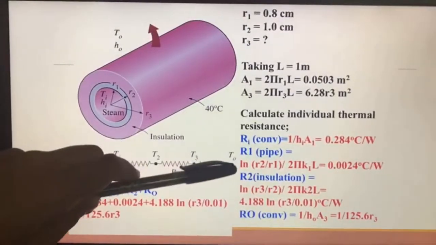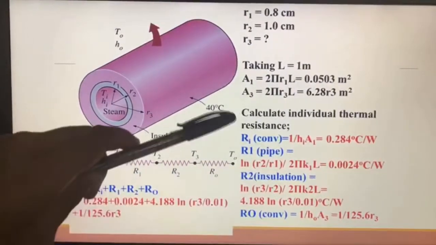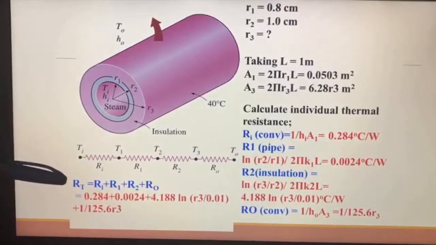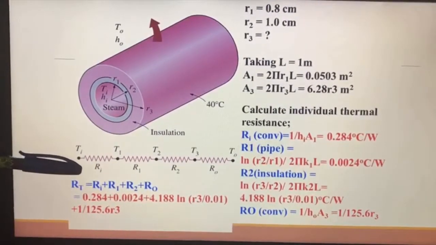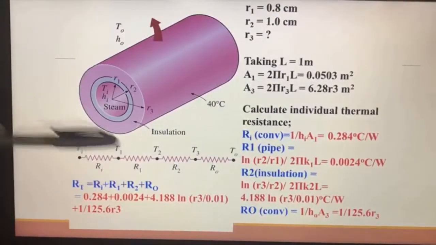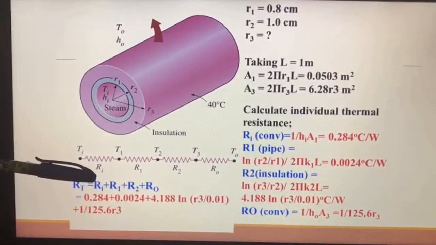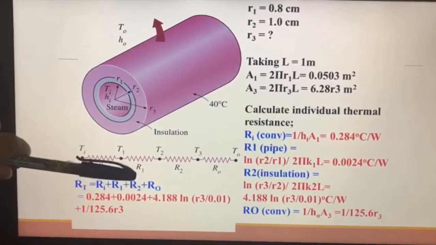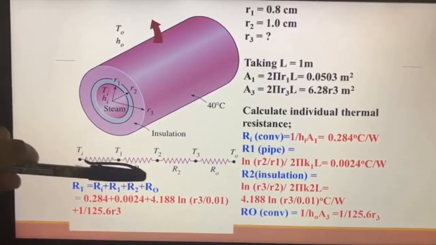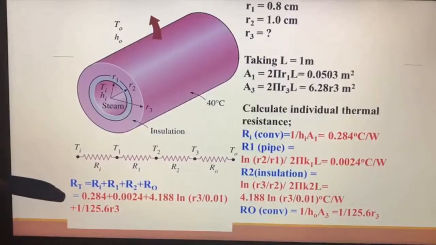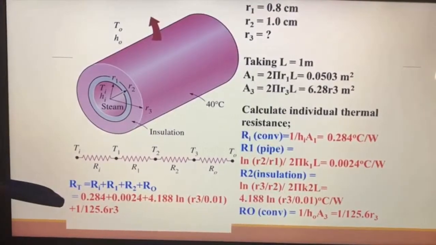So by substituting the value, we get the answer. R total is Ri plus R1 plus R2 plus Ro, where Ri is for flat, R1 is for pipe, R2 is for pipe also, and Ro is for flat. So we substitute and get the answer.